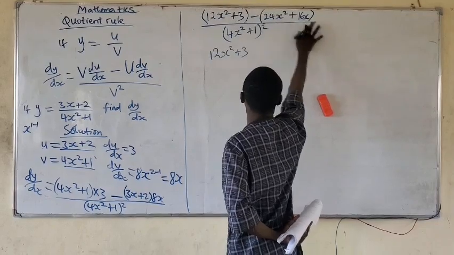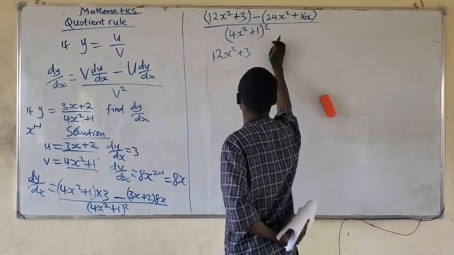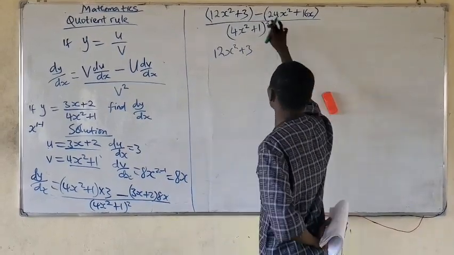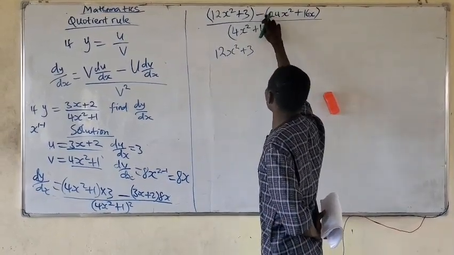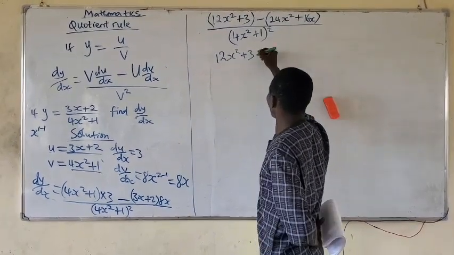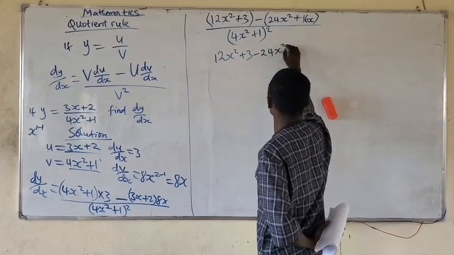Now use this minus to open the brackets. This minus is just like minus 1, and whatever you multiply by 1 will still give you that same number. So this has an invisible plus. Minus times plus will give you minus 24x squared. Please take notes.